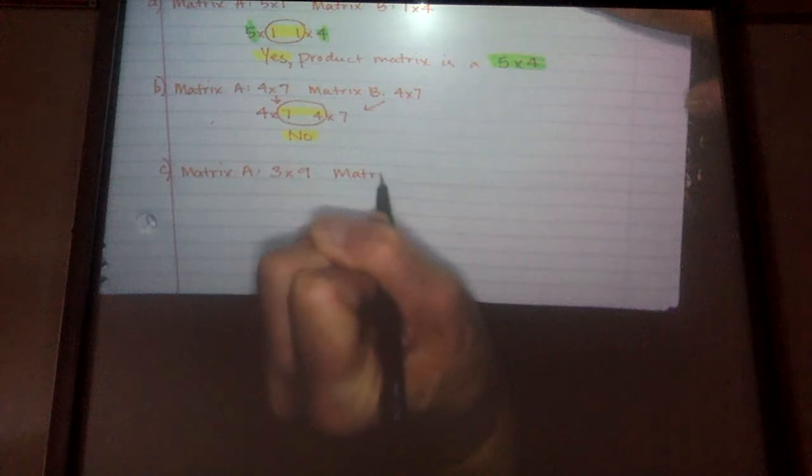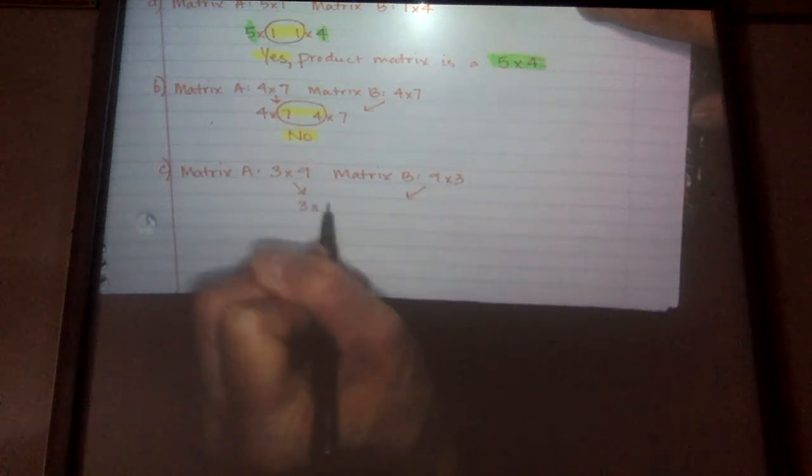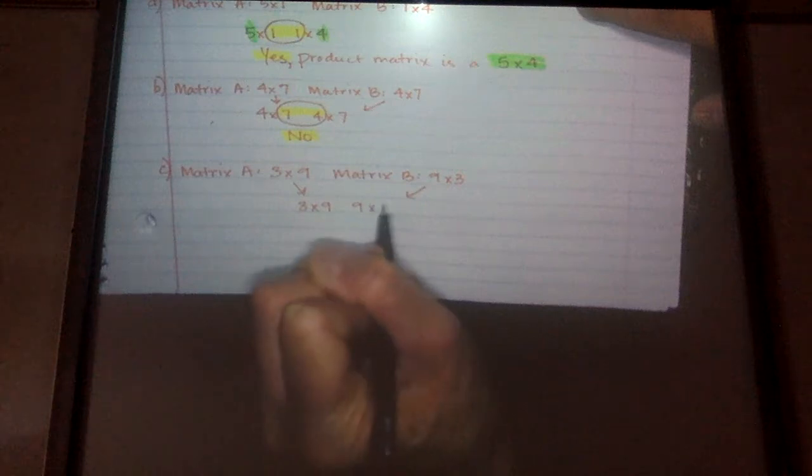So lesson practice part C. It wanted to know, okay, so matrix A, I believe it says is a 3 by 9. Matrix B is a 9 by 3. So let's see. Can I find their product? A 3 by 9 and a 9 by 3.